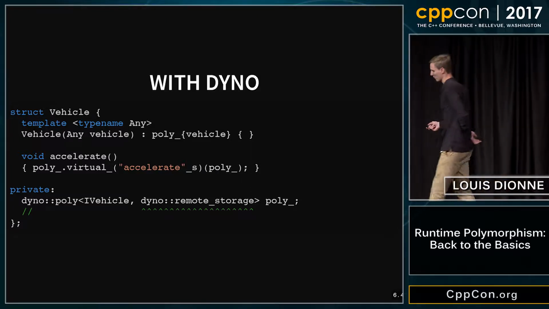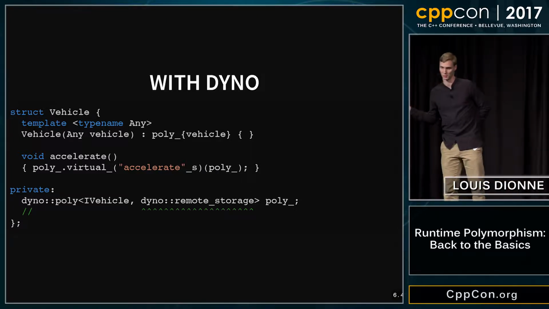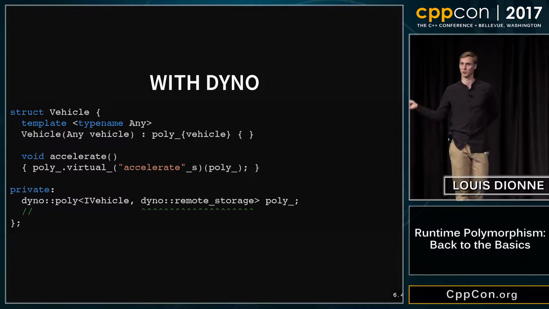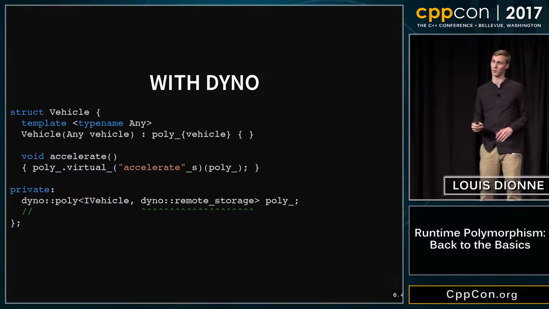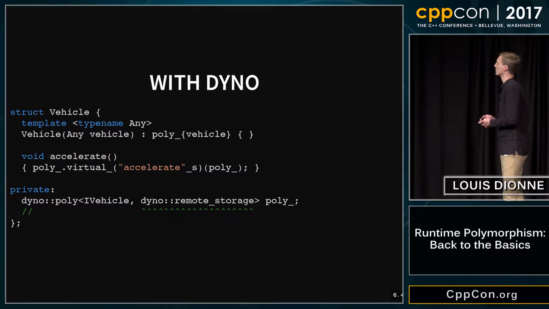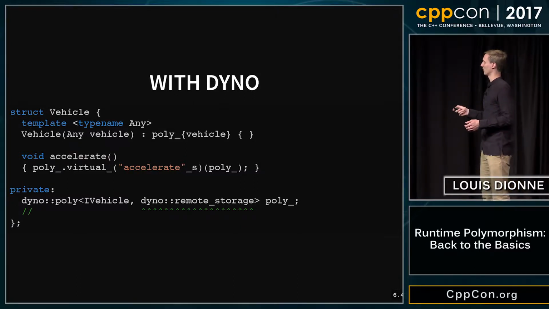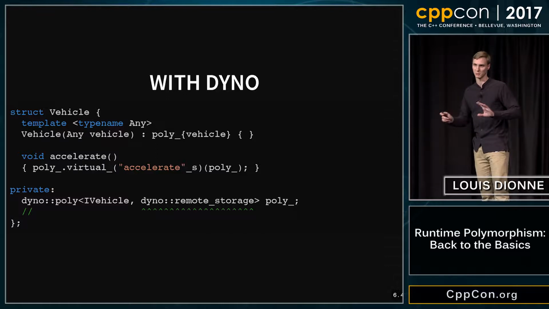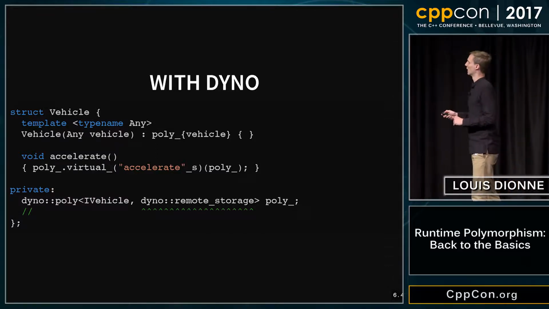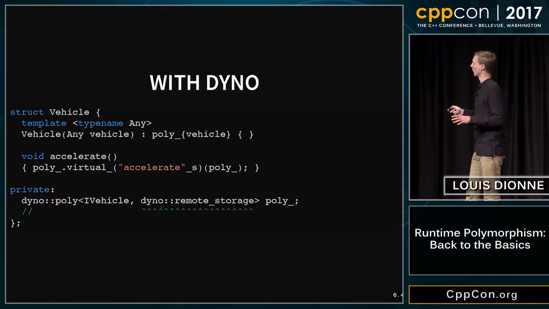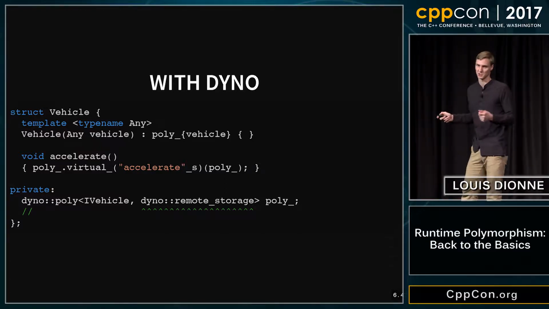So I wrote this little library, and the purpose of this talk is not to talk about the library, but I'm going to show snapshots of the equivalent using the library every time. It gives you a poly type, which handles much of the nastiness under the hood, and what I want to point you to is that it accepts what I call a storage policy.